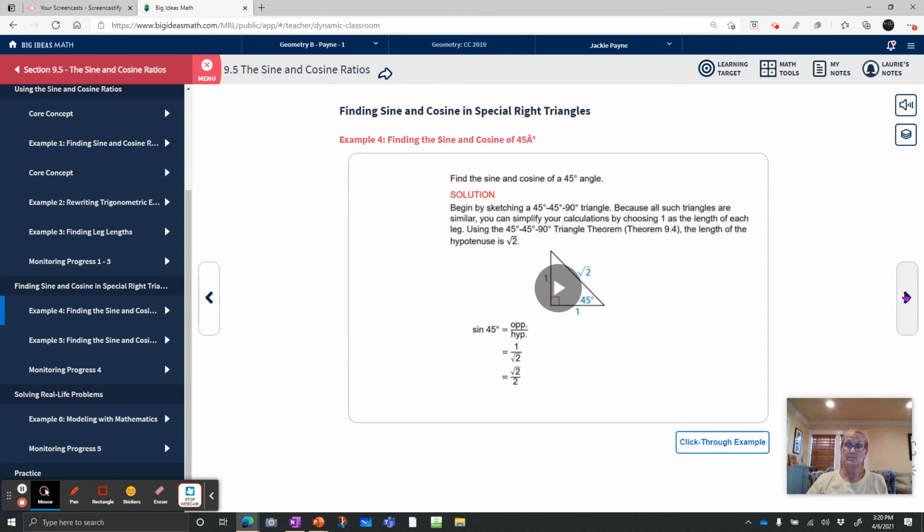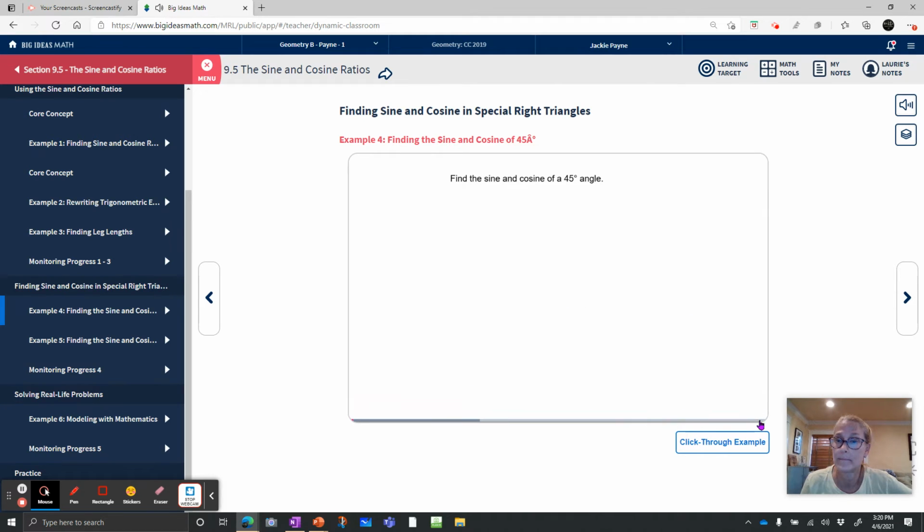So specifically in our special right triangles, our 45-45-90 and our 30-60-90, they have specific values and they always show up that way. So this is something that, again, is going to be near and dear to your heart, and you should be able to follow this. Find the sine and cosine of a 45-degree angle. Solution.